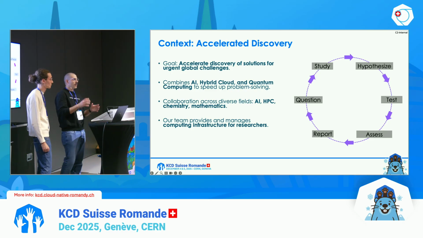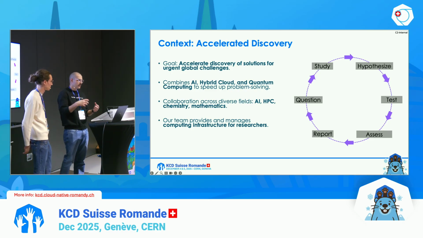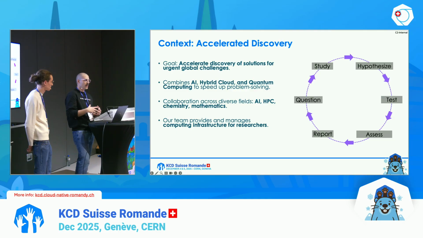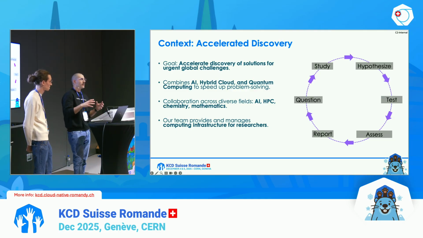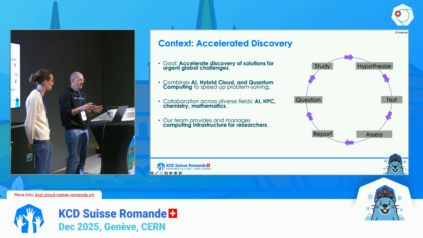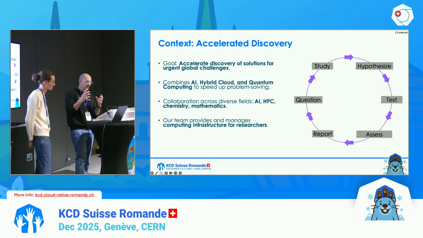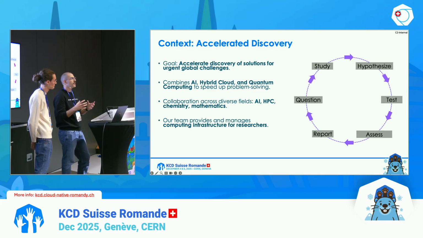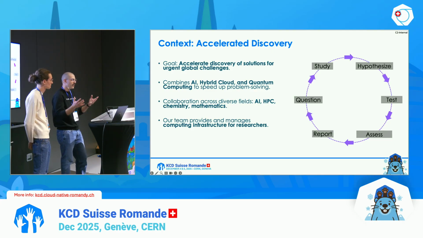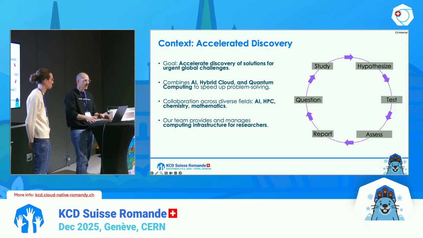So just for a bit of context, our team in IBM works on an initiative called Accelerated Discovery, where we explore the adoption of AI, HPC, cloud, and quantum to accelerate the discovery process. And this has a vast array of applications from material discovery, geospatial observations, and so on.